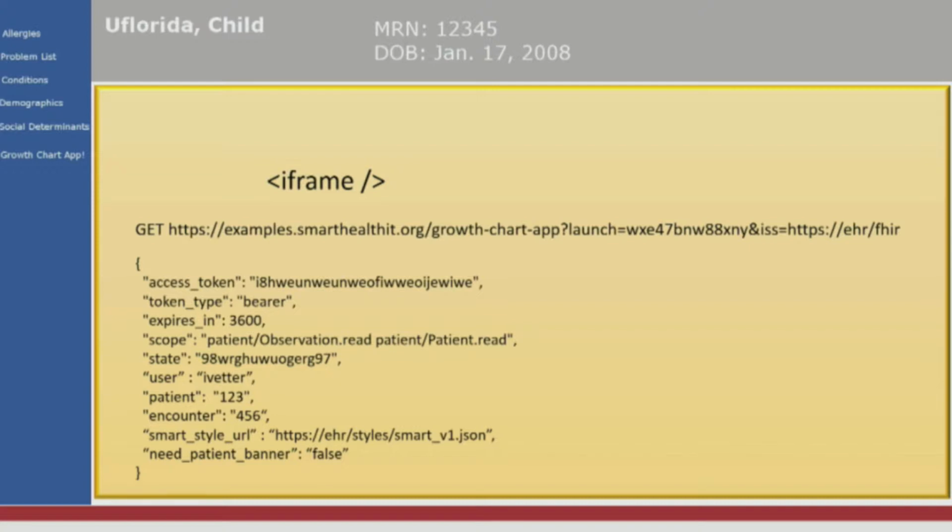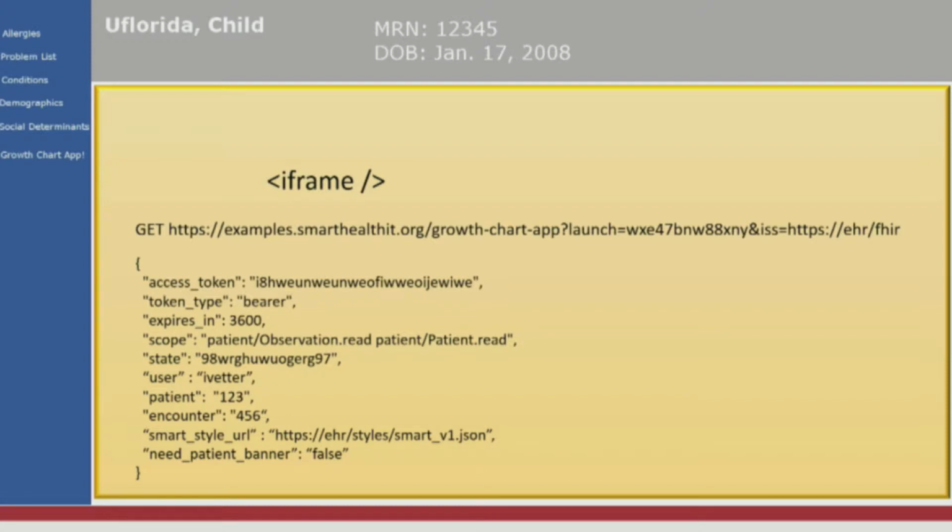So alongside that access token are other parameters that describe what's happening in the user's session. Maybe there's some additional user identity, maybe there's a JWT and ID token, but notably there's a patient identifier and an encounter identifier as well, and the Smart spec allows other key value pairs to be added that can also provide additional contextual information.